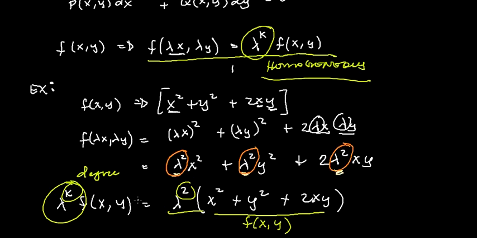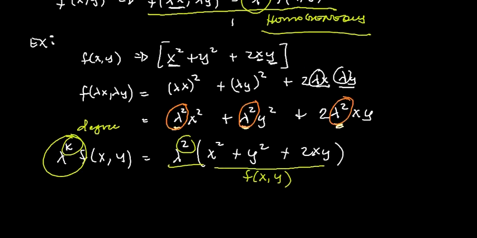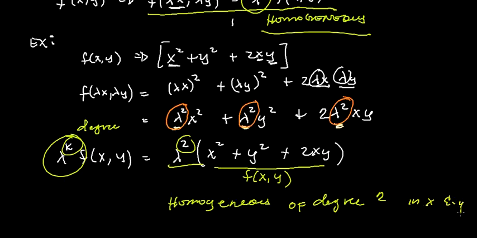So this function is called homogeneous of degree 2 in x and y.